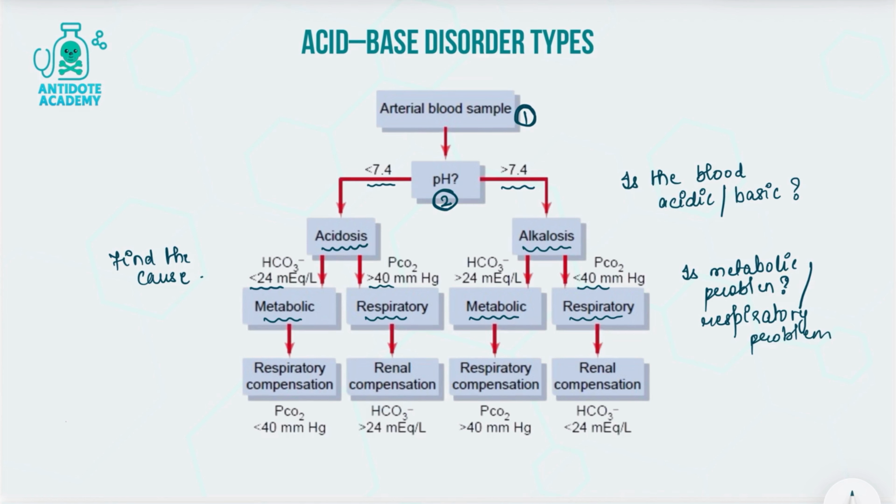Once this is clear, we have to understand any kind of compensation. The body always tries to compensate. If the main problem is metabolic, the lungs will help by changing the carbon dioxide level. And if the main problem is respiratory, the kidneys will try to help by changing the bicarbonate levels. So how do we understand it?